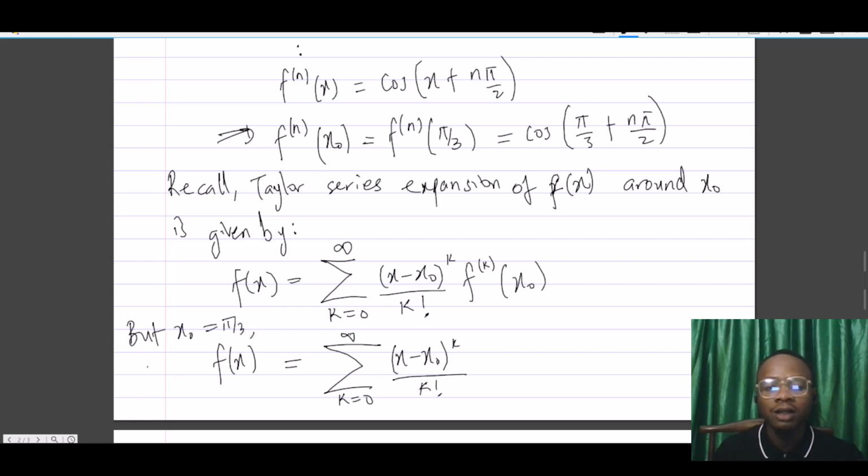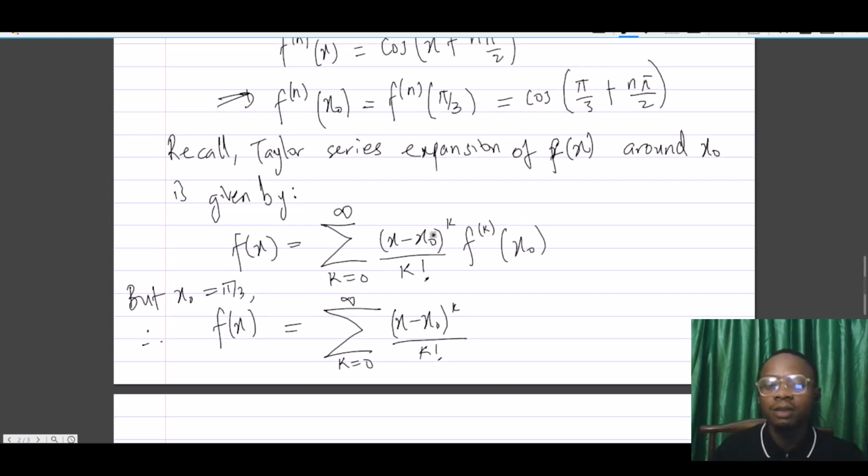So therefore, we're going to have this expression equal to f of k at pi over 3, which we already found here.